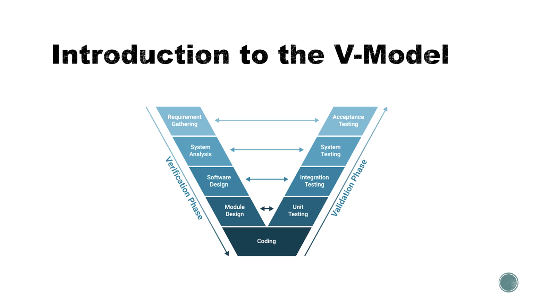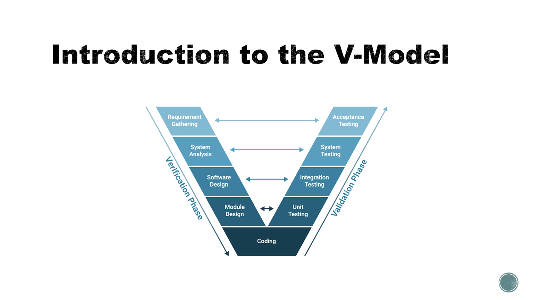You can see on the left side we have the development activities, referred to as the verification phase. We have the requirements gathering, analysis, design, software design, then module design. Then at the bottom we have the coding, and at the right side we have the validation activities. So these are the testing activities.